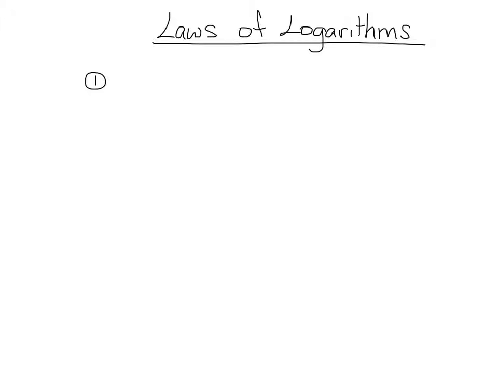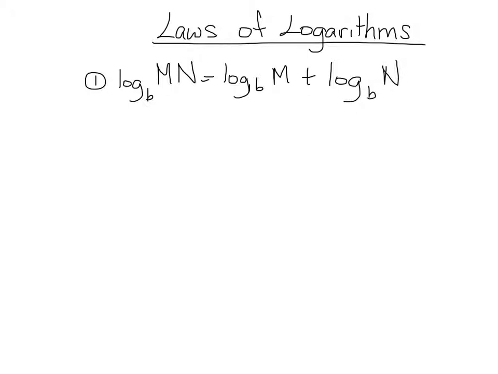So let's write down these laws and then work with them. The first law is that log to the base b of m times n is equal to log to the base b of m plus log to the base b of n. That's one.